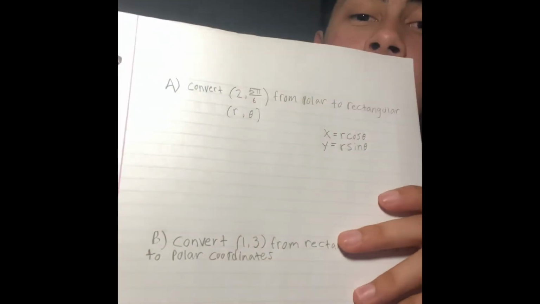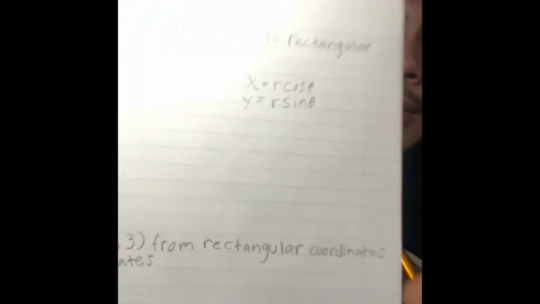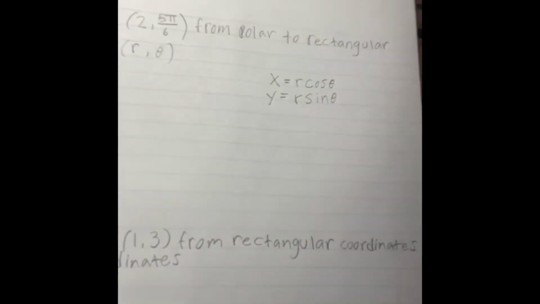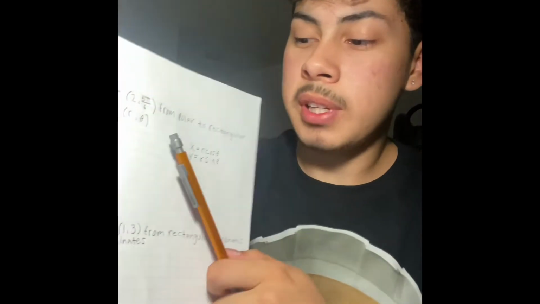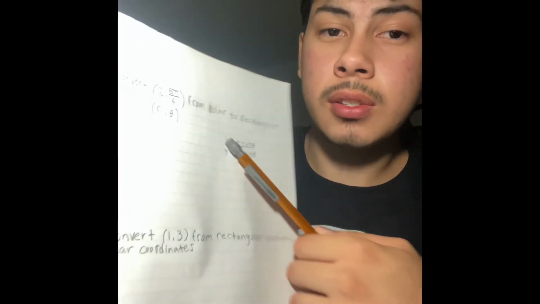So to begin the conversion between polar coordinates to rectangular coordinates, you want to make sure that you have your two formulas for x and y. x is equal to r cosine theta and y is equal to r sine theta. So I just want to begin to solve for x. I'm going to plug in 2 for r.